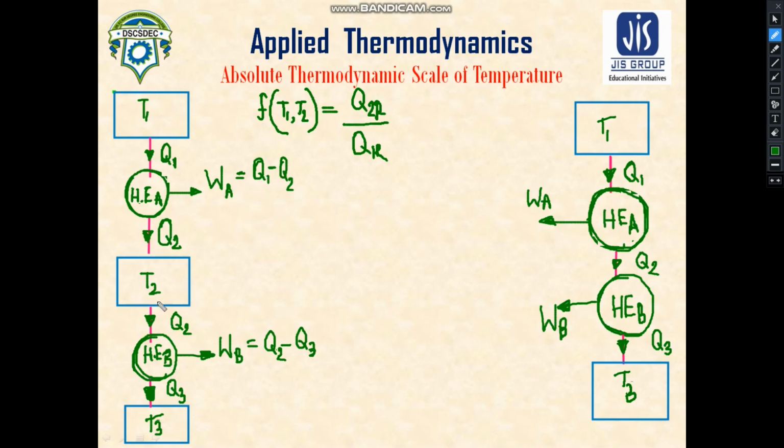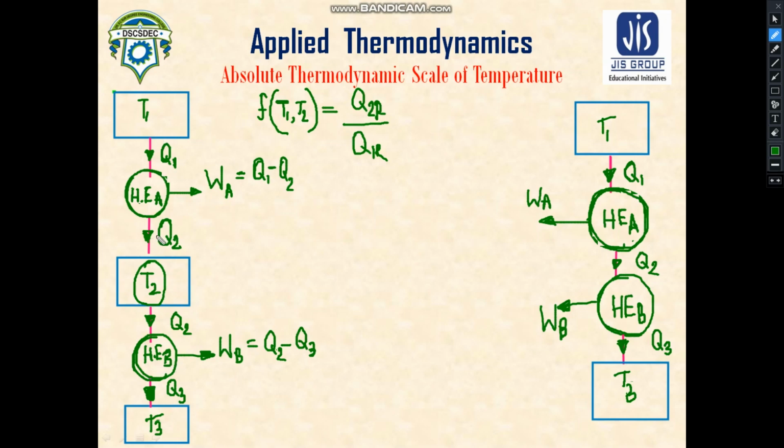And if you see the second engine, you can see that this thermal reservoir acts as the common sink and the source. So it is the sink for the heat engine A, and it is the source for this heat engine B. So this heat Q2 is the common heat which is being transferred to this thermal energy reservoir.